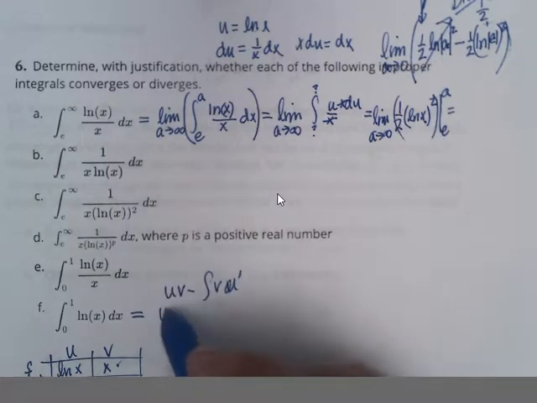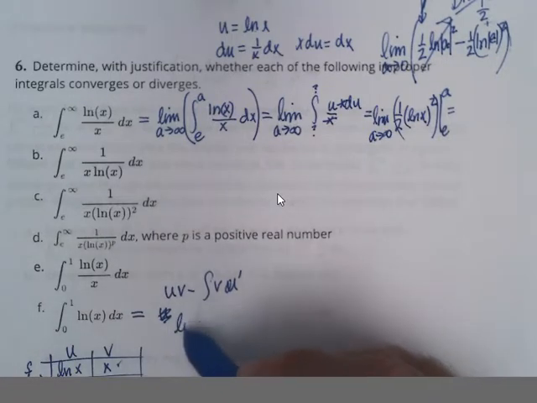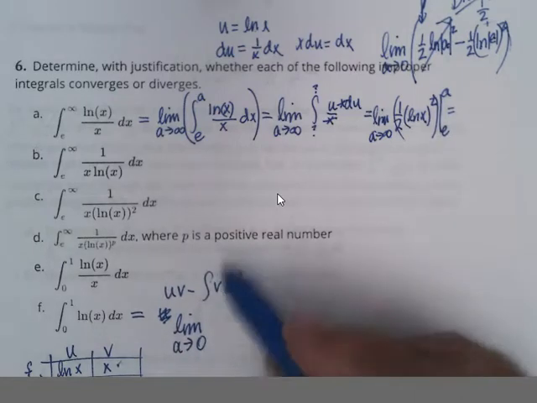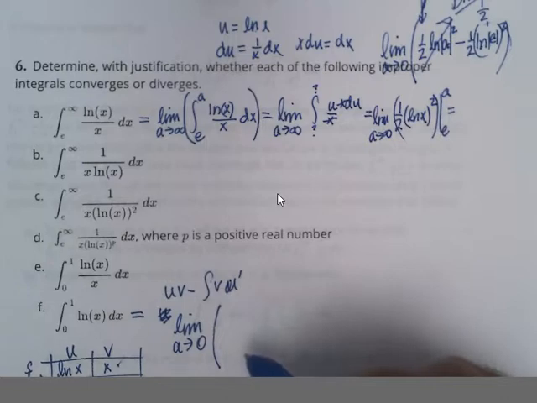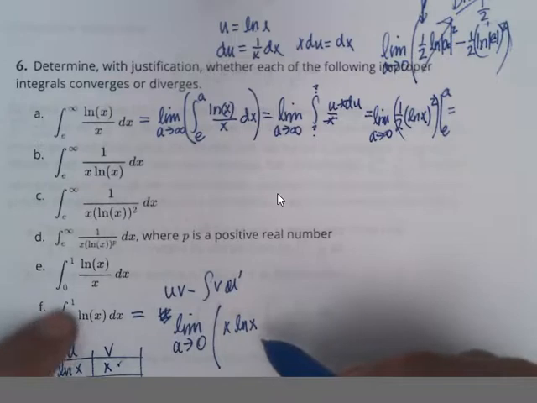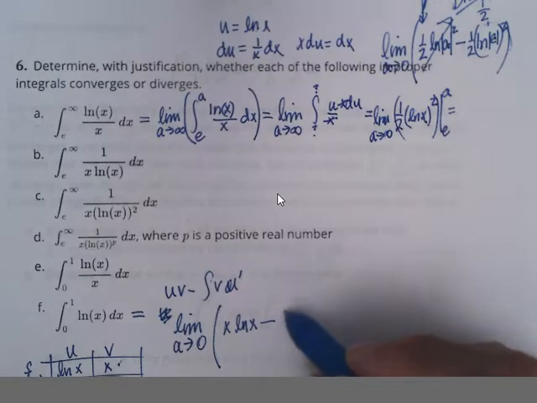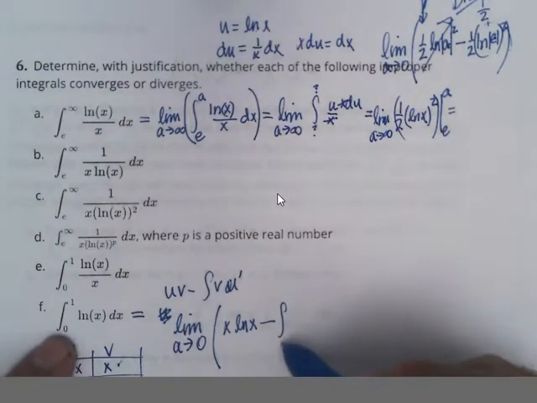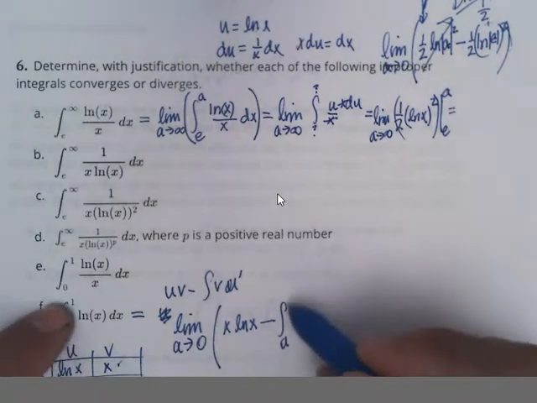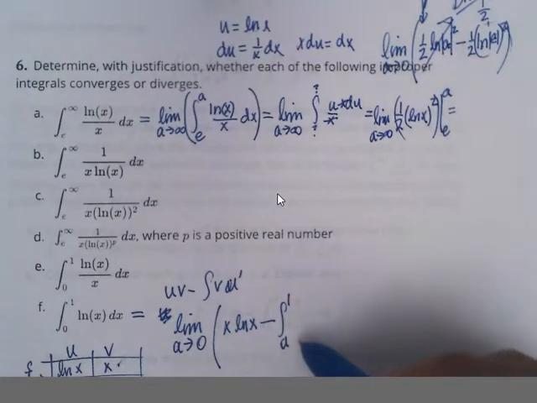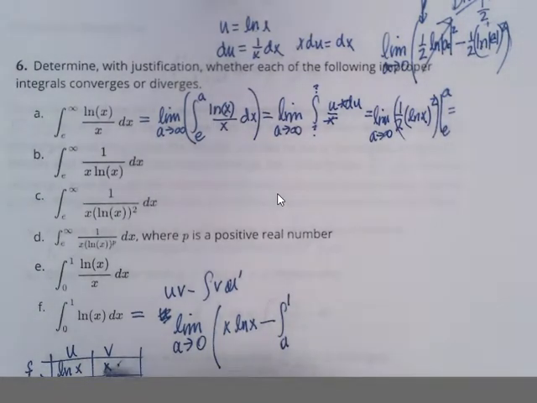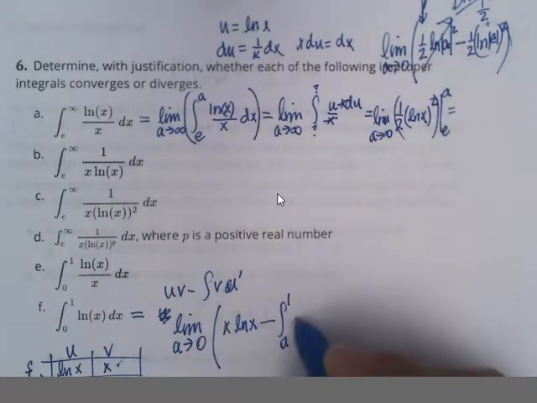And I have a problem at 0, so we have the limit as a approaches 0 of uv, x ln x, and we're all in the positive area, so we don't have to put absolute value on that, minus the integral from a to 1 of 1 over x times x, which is just 1 dx.